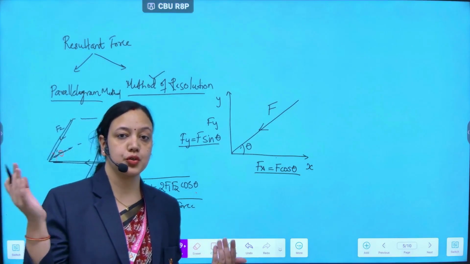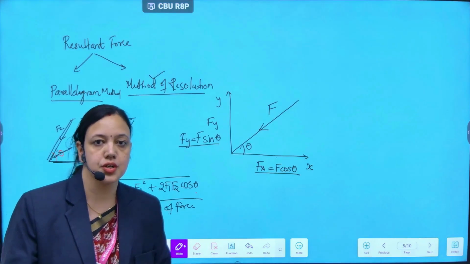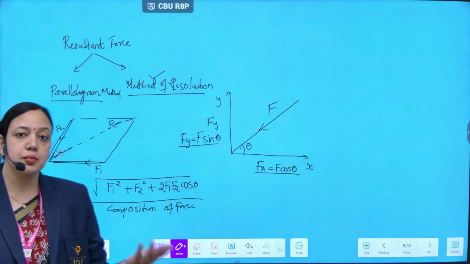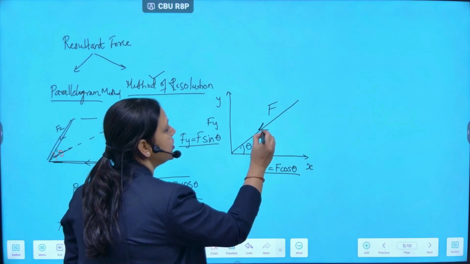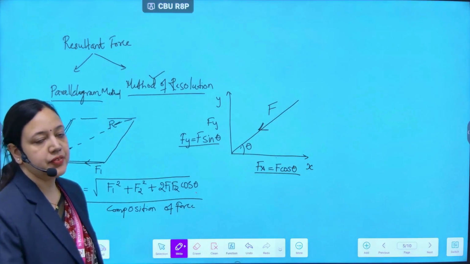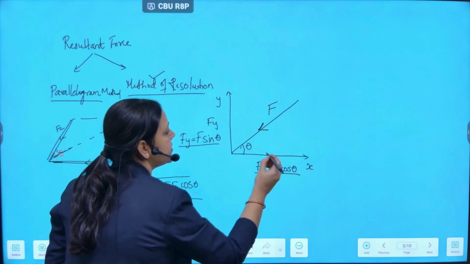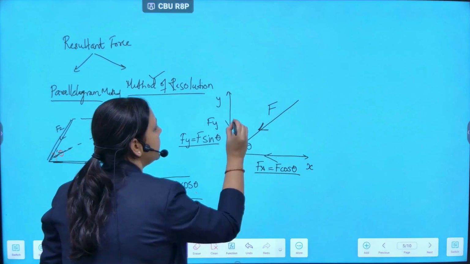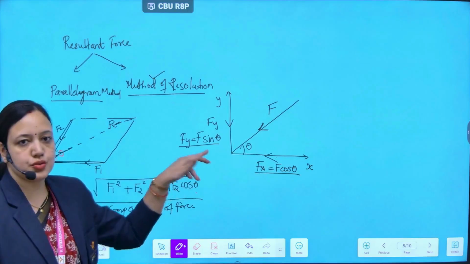We require both its direction and magnitude. Magnitude we understood using this formula. Now what about the direction? You have to see in which direction the force is acting. Now the force is acting inwards, so obviously the resultant force will also be acting inwards. So this is the direction of the resultant force.